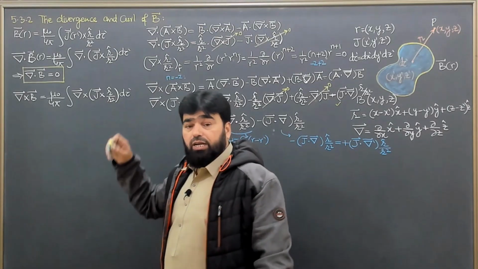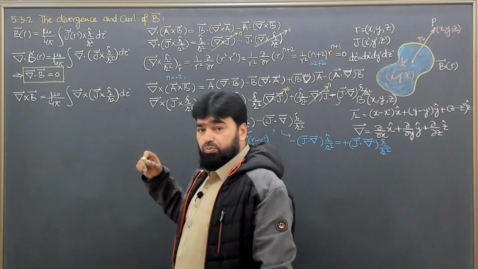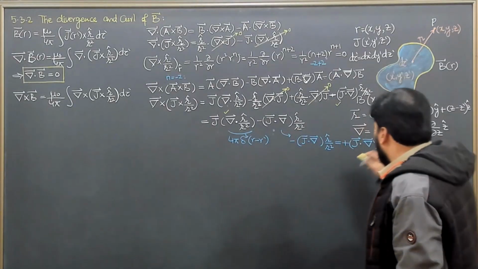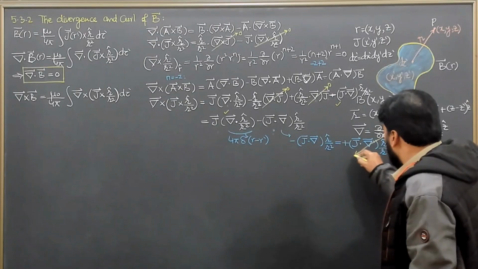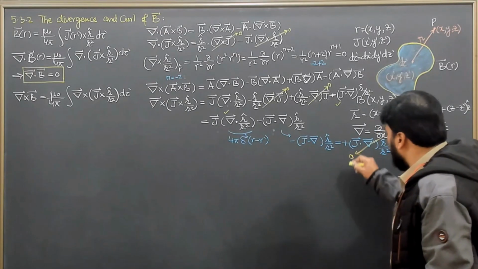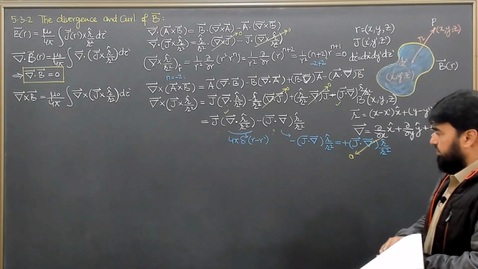When I write the volume element in spherical polar coordinates, this term goes to 0. And we are left only with the first term here.